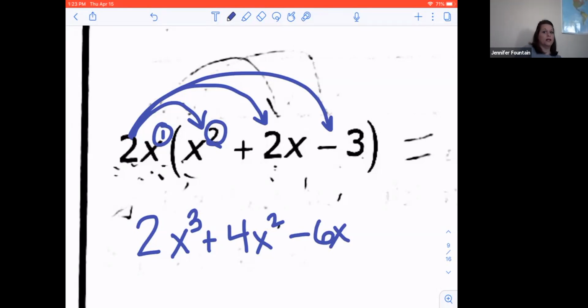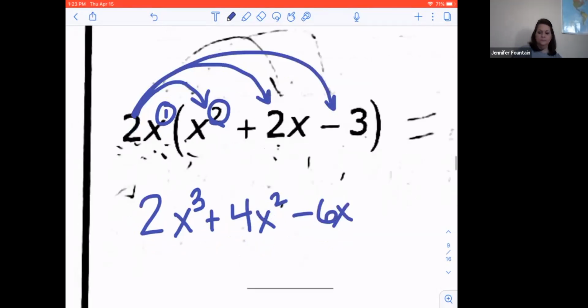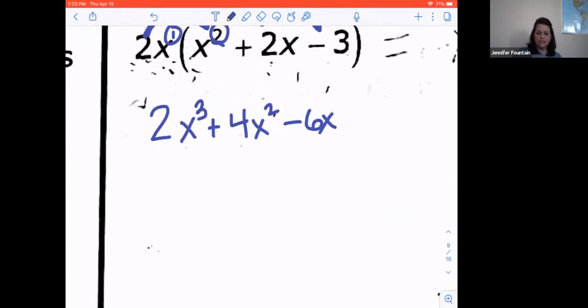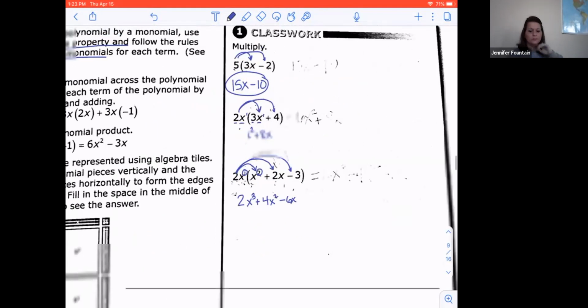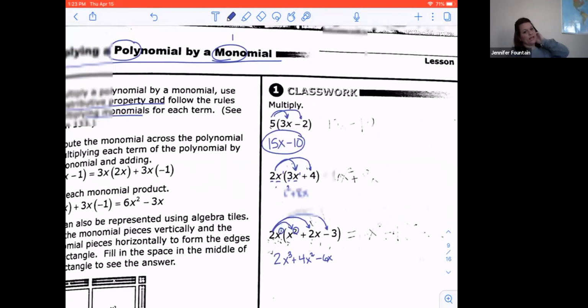Multiply the coefficients, add the exponents. Any questions on that so far? So I follow the same pattern as I did when I multiplied a monomial by a monomial. Multiply the coefficients. If there's the same variable, you add the exponents.